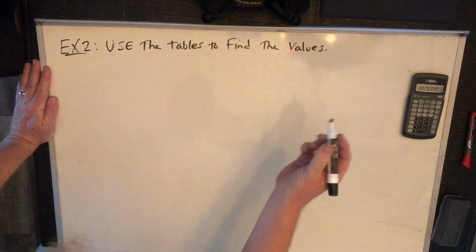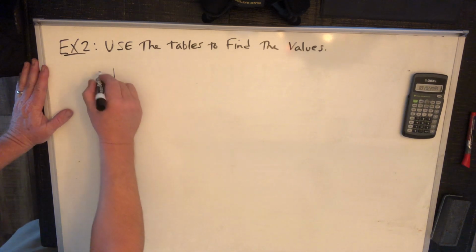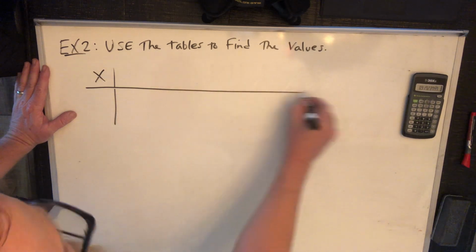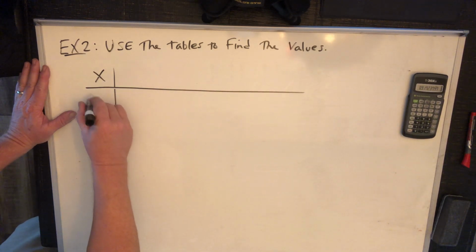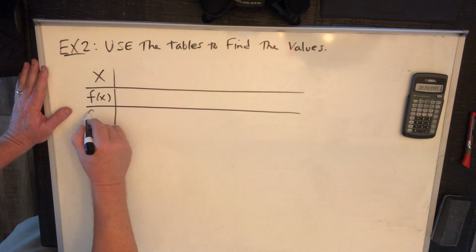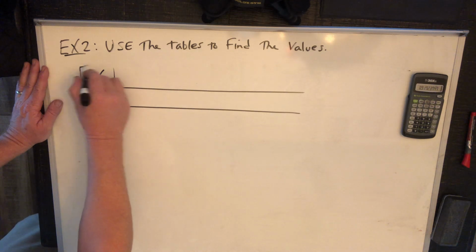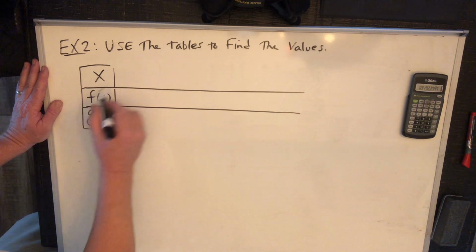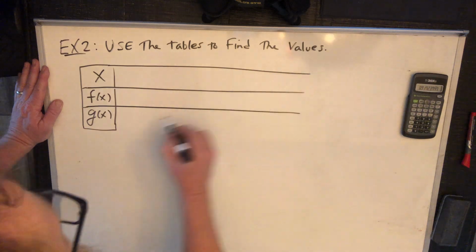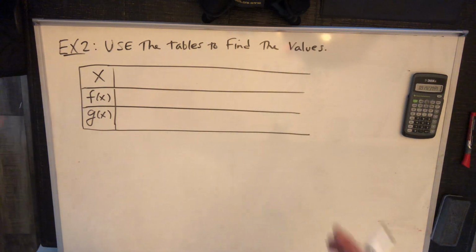Now for this example, I've combined the two tables together in a horizontal fashion. I'm making a table for f of x and a table for g of x. This is sometimes referred to as a space-saving table because you can fit it all horizontally and it takes up a lot less space on my board.